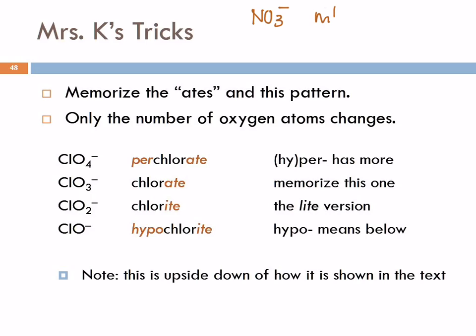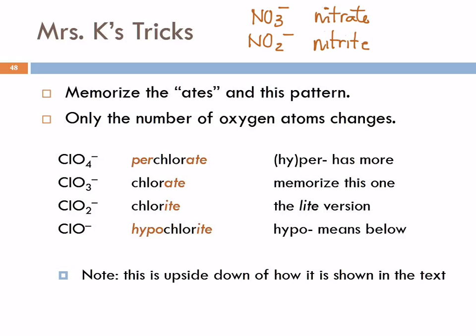So this is nitrate, because it is. That's an -ate. What's nitrite? NO2 minus. One less oxygen. Because there is no hyponitrite.